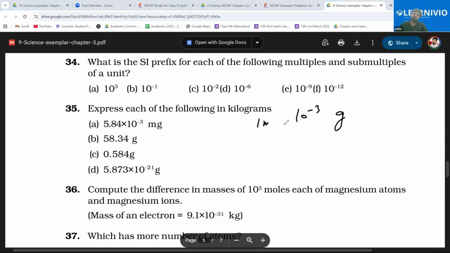Your answer should be like 5.84 and then into 10 raised to the power something. It is already in the standard form. So write all the answers in the standard form after one digit decimal, and then find out the power, in grams. Write down. Do it fast.